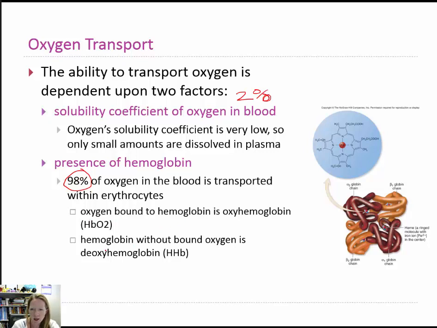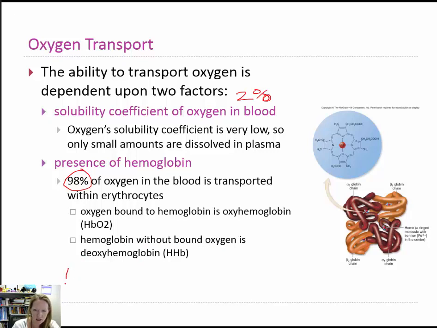Remember that oxygen bound to hemoglobin is called oxyhemoglobin, and it's shown by using HbO2. And anytime you have hemoglobin without oxygen bound to it, it's called deoxyhemoglobin.